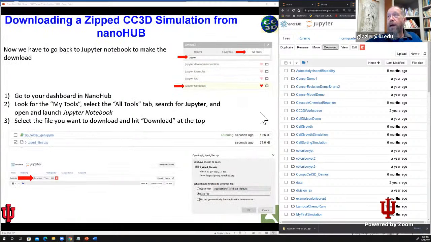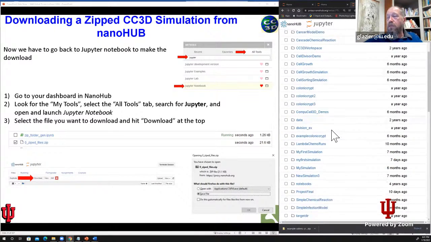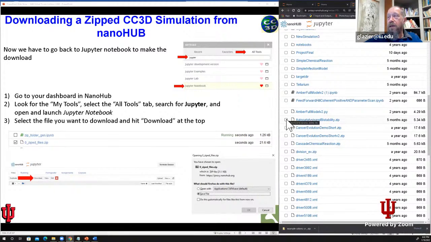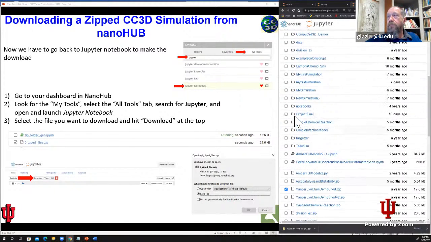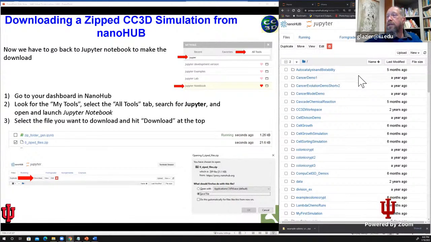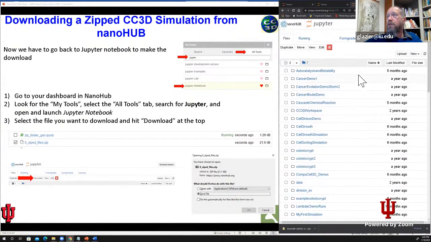Then you have to jump out of CompuCell into Jupyter, find the file that you just zipped. Here's some examples. Cancer evolution is an example. Cascade chemical reaction and so on. Select that. Go back to the top of the window, and then you should be able to select a download inside of Jupyter.